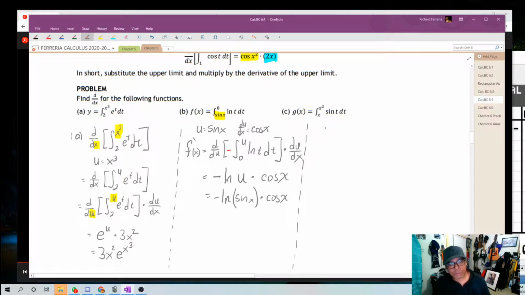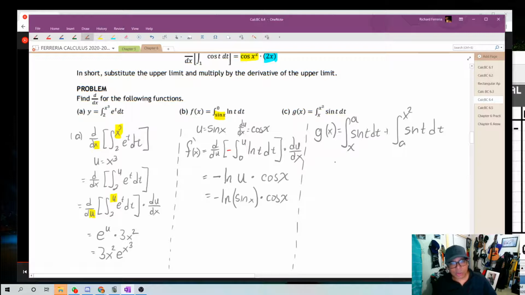And the trick for C is you're going to look at g of x as the sum of two integrals. We're going to say from x to a of sine t dt plus the integral from a to x squared of sine t dt.